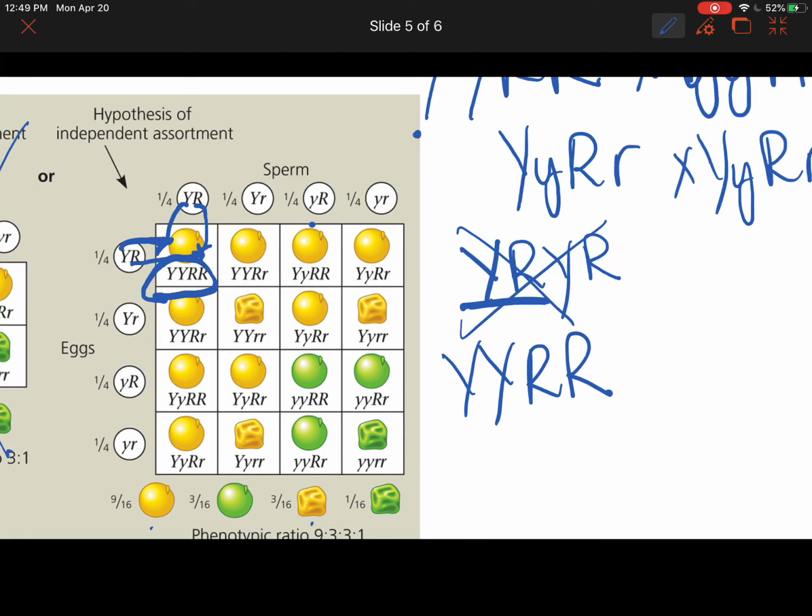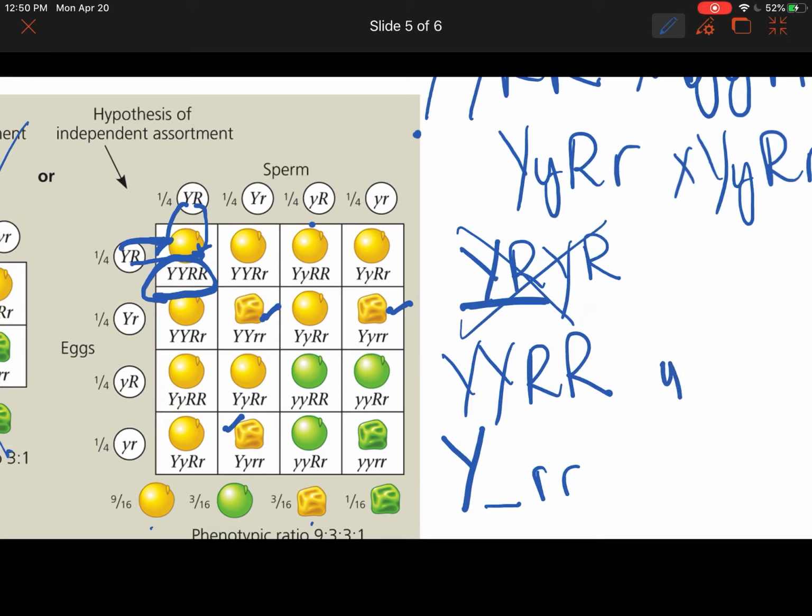But you will get some of them that are yellow and wrinkled. What do their genotypes have to be? They have to have at least one big Y in order to be yellow, but they have to have 2 little r's in order to be wrinkled. Here are those 3 possible genotypes.